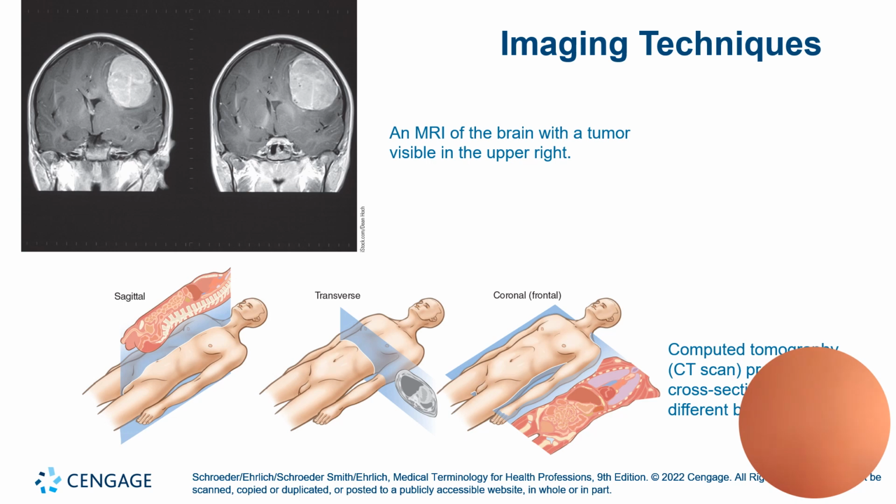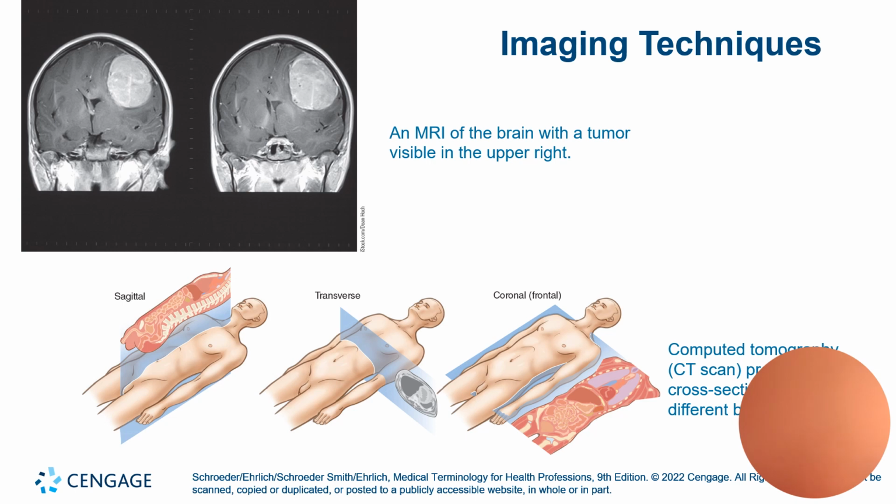Additional imaging techniques include computed tomography or the CT scan, or we have that computed axial tomography or the CAT scan. This basically rotates around the client and produces multiple cross-sectional views of the body.